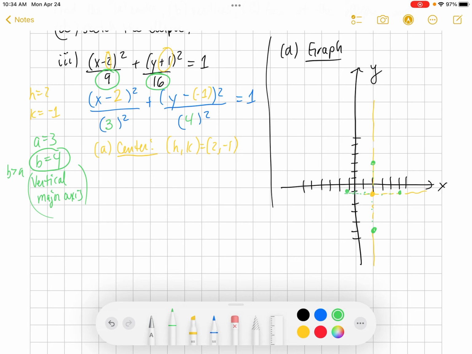Now this is not drawn too well. This major axis here. Let me try it again. There we go. I'm going to connect those points to get my ellipse.